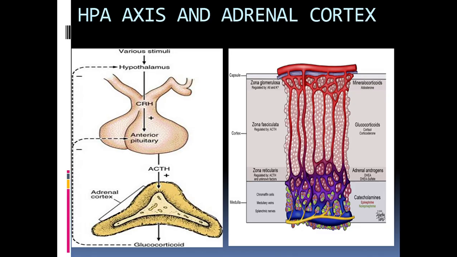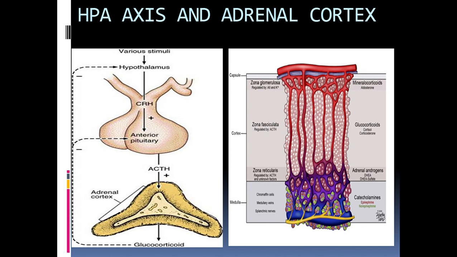You all know that the adrenal gland has the adrenal cortex and adrenal medulla, and the cortex comprises the zona glomerulosa, zona fasciculata, and zona reticularis. From the zona glomerulosa, mineralocorticoids are released.